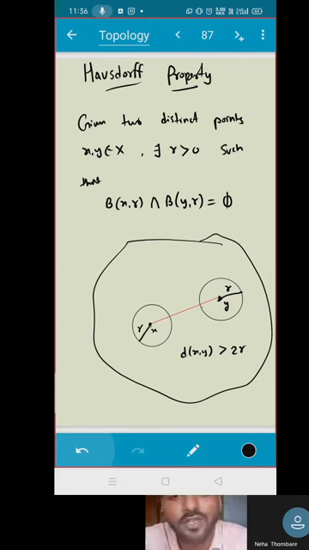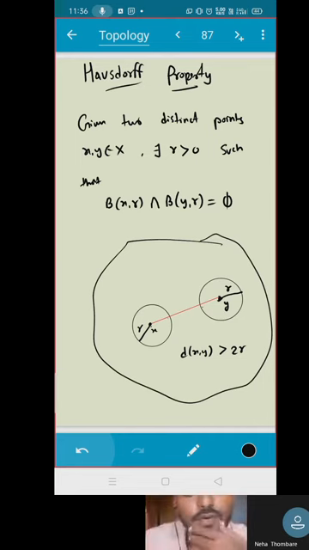What are the different things that can happen here? You just have to decide this r.